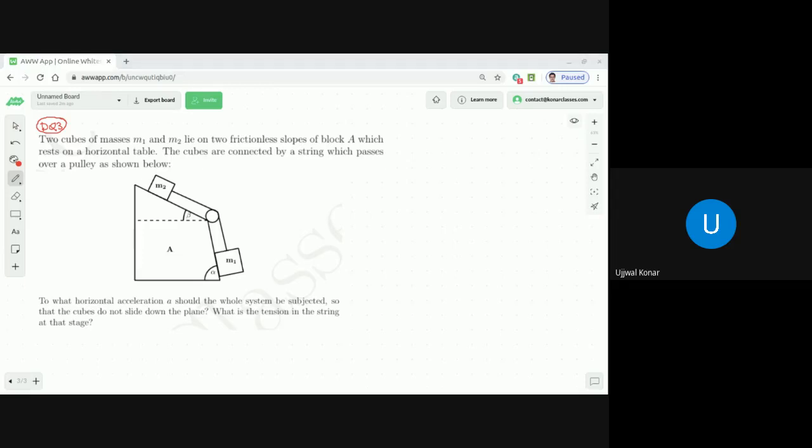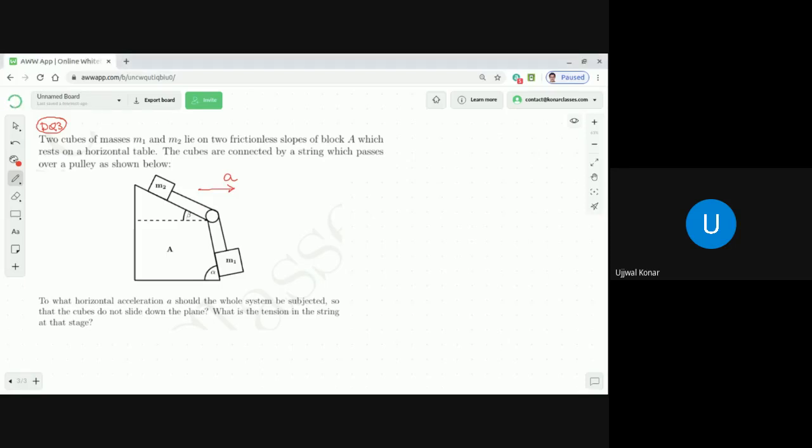So now the point is that we need to find two things. The first thing is the acceleration. Suppose the system is being moved with an acceleration of a. So we need to find two things: one is A and another one is the tension. Correct or not?